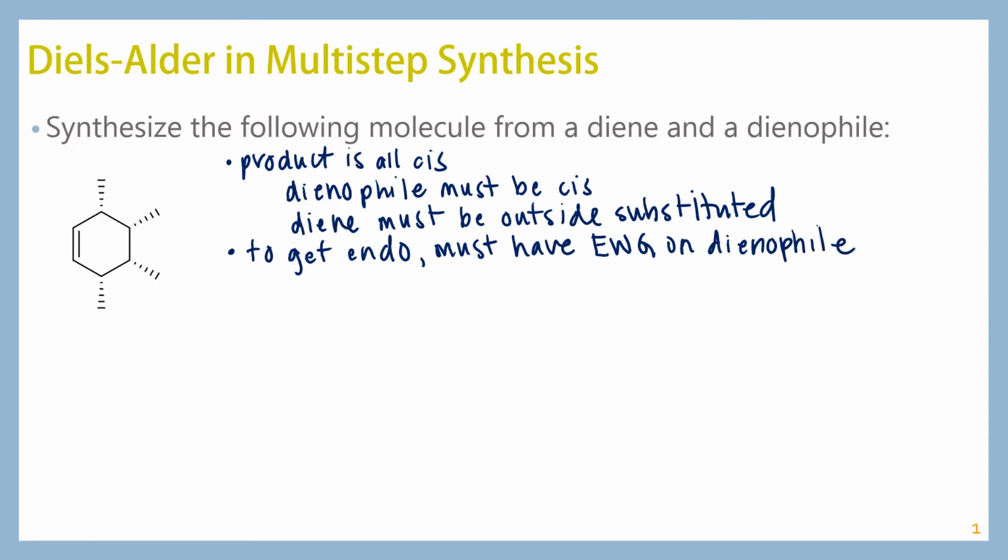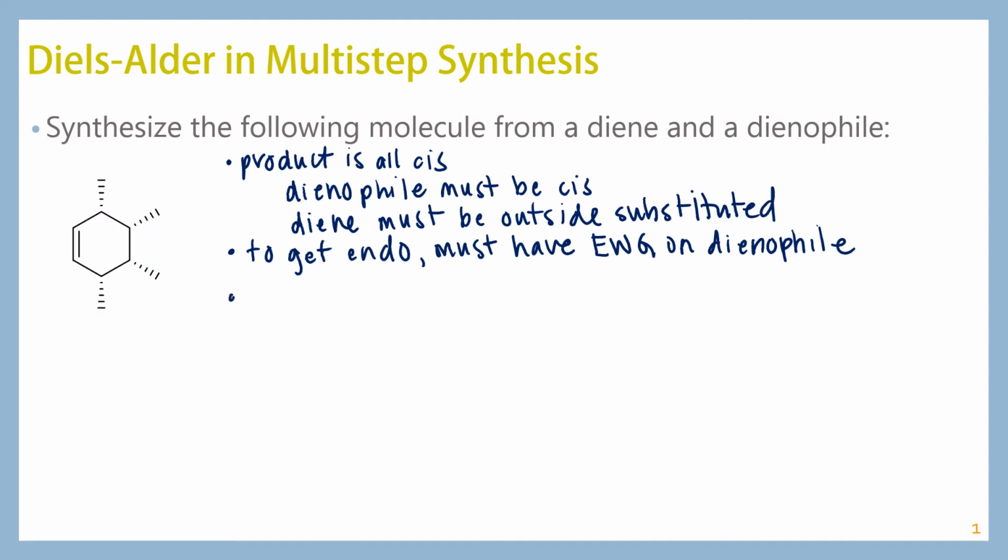Now, looking at our product, our dienophile is going to be made up of these four pieces here. These are methyl groups. These are electron donating groups. So we're going to have to do something to change this, because methyl groups are electron donating, not electron withdrawing. This is not going to encourage the formation of an all cis product.